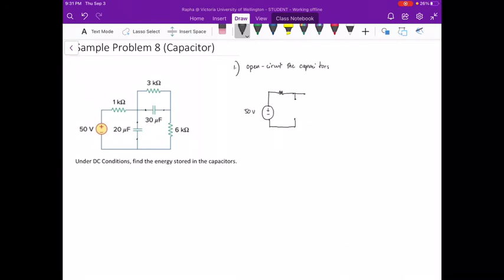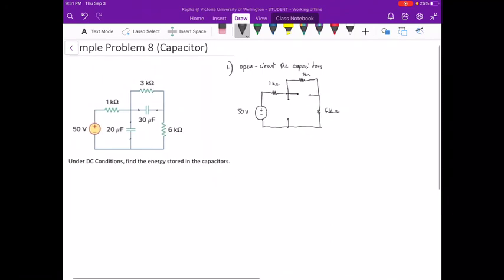We have another open circuit here for the 30 microfarad capacitor. We have a resistor on top, and then a resistor on the side. So this is 1 kilo ohm, 3 kilo ohm, and 6 kilo ohms.